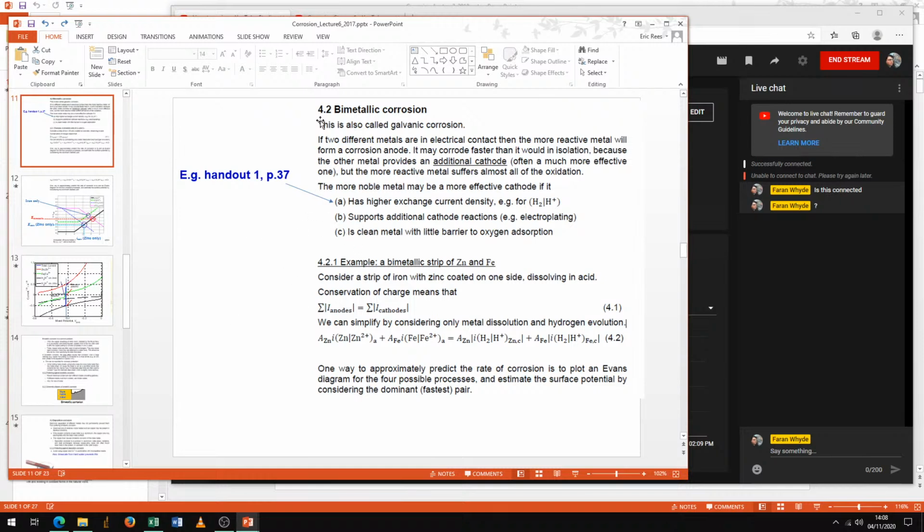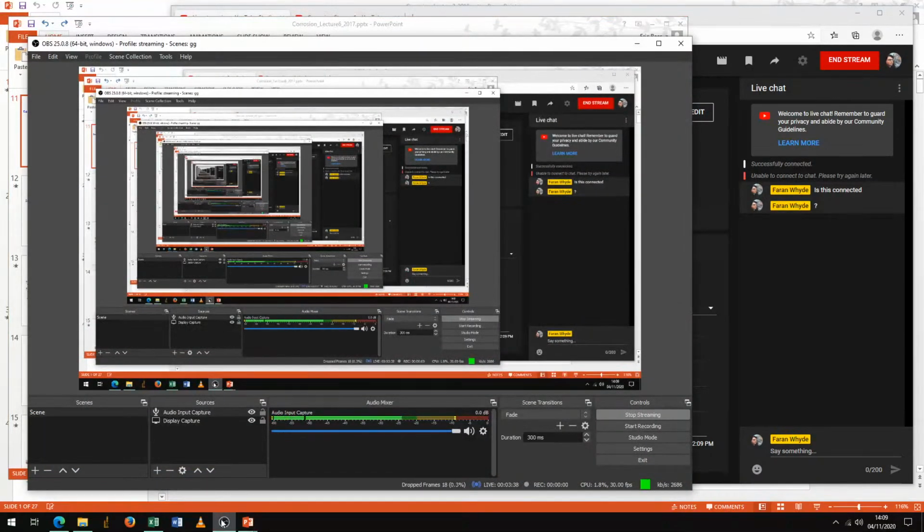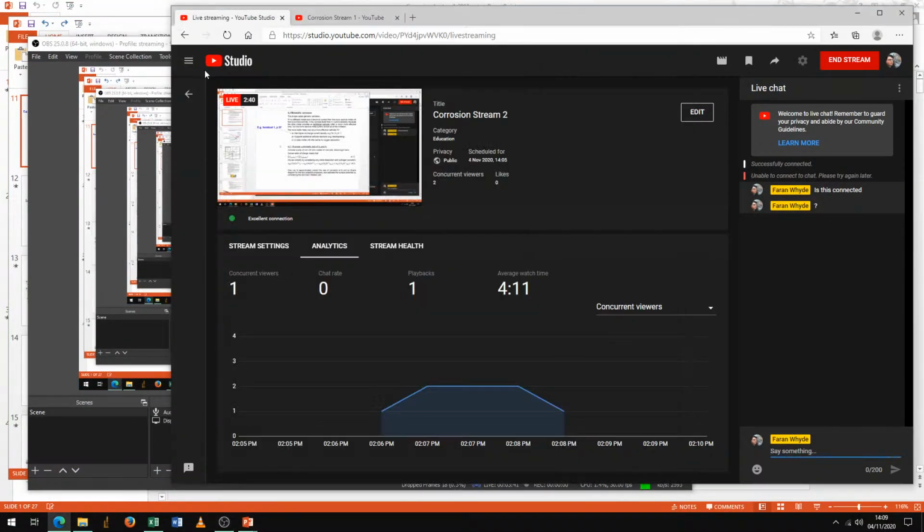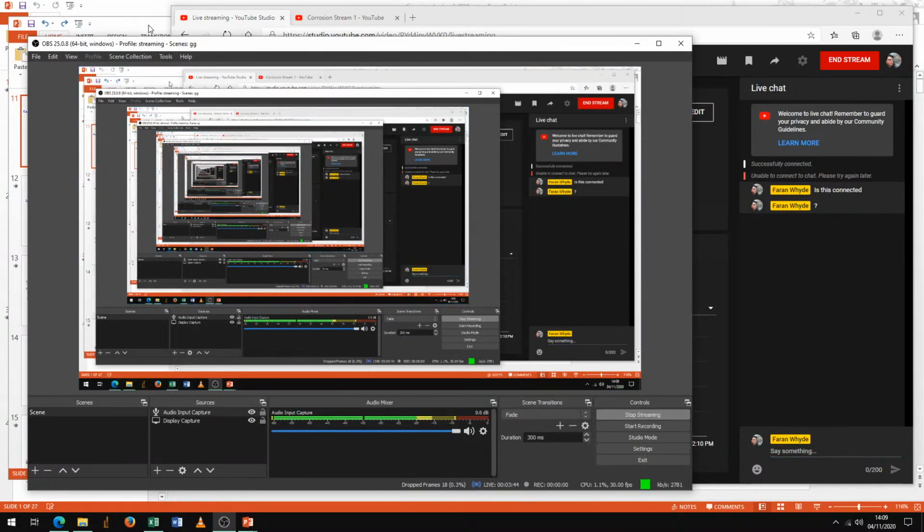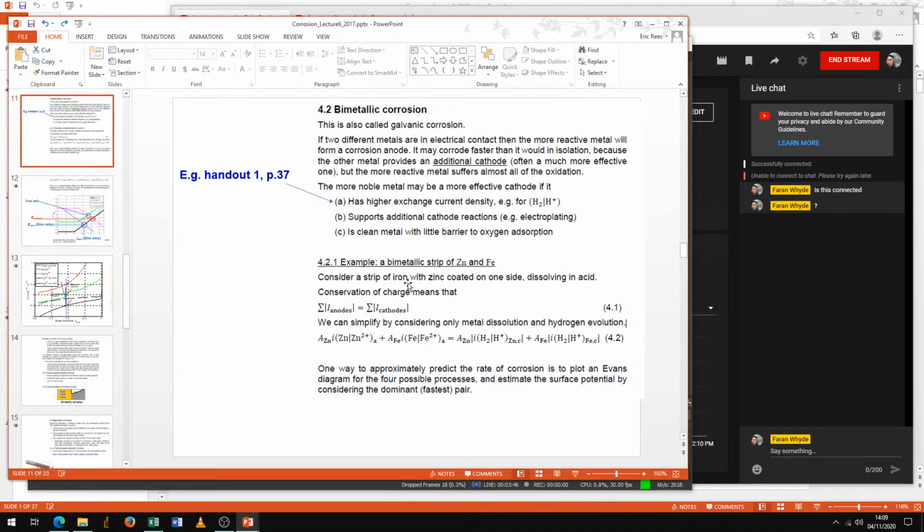This section 4.2 helps to describe what galvanic potential is, because this question includes an example of what happens when you have multiple reactions taking place on a single piece of metal which has a single surface potential, which is its galvanic potential. You're asked to consider the dissolution of a bimetallic strip which has some zinc and some iron, sitting in acid, dissolving.